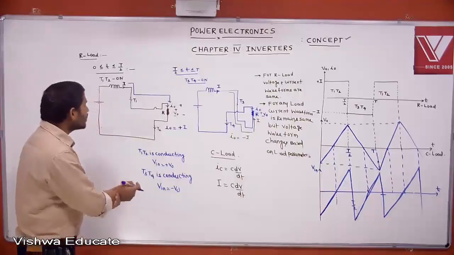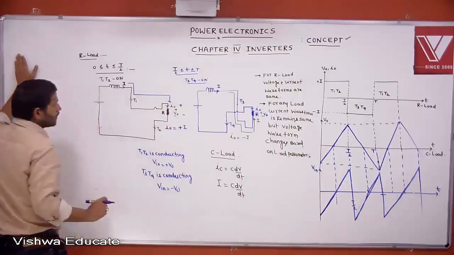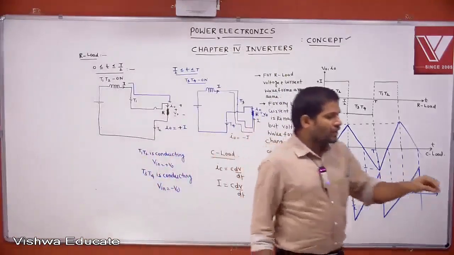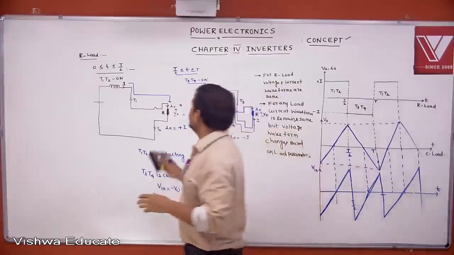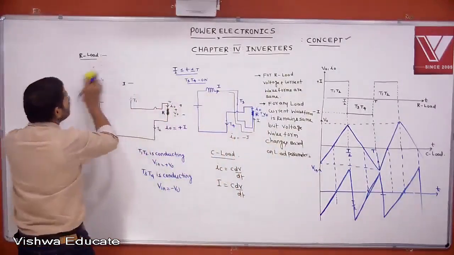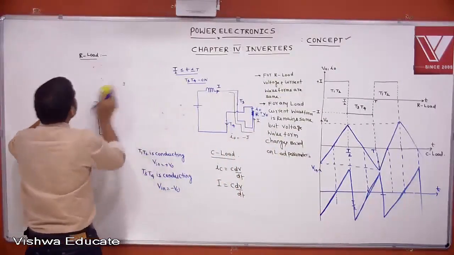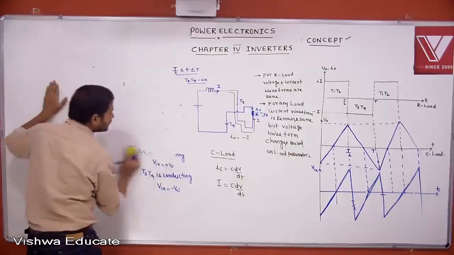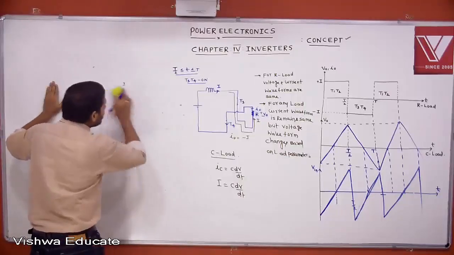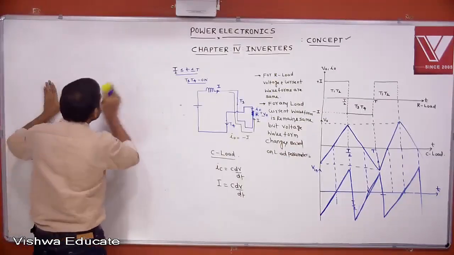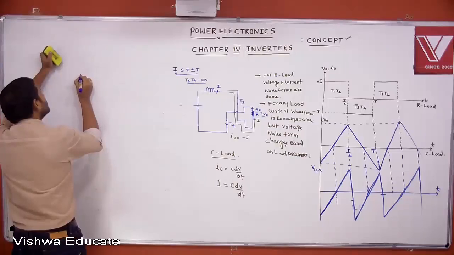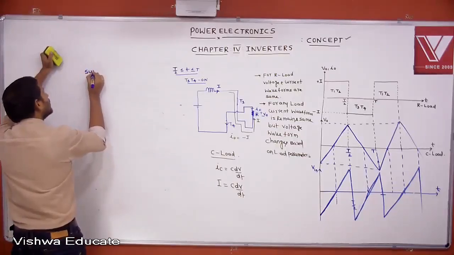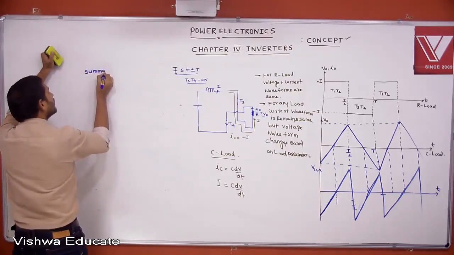Here I want to list out some points. Tell me. During the operation of current source inverter for purely resistive load, I am operating a square wave inverter now. This is summary points. This is important for any competitive exam from the current source inverter.